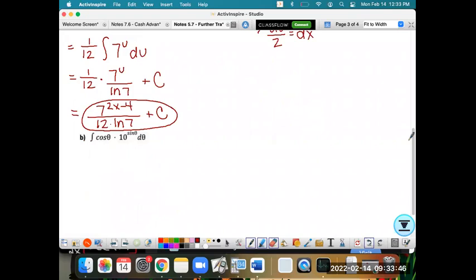That way I have just a plain variable up there. And the derivative of sine is cosine. I do actually have cosine in my integrand, so I will leave that on the right-hand side.